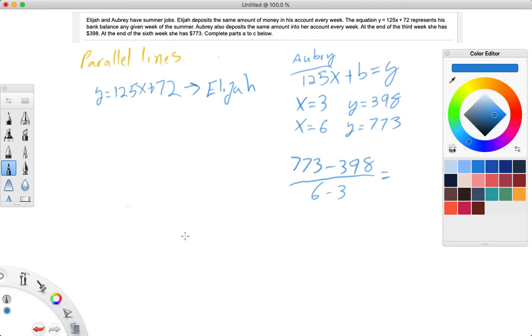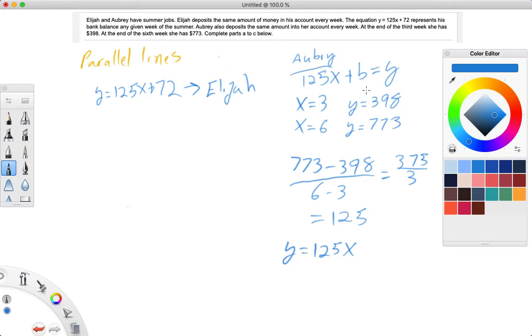It's 375 maybe? 375. Yep, 375 over 3. So this is 375 divided by 3, and sure enough, that equals 125. So we have y equals 125x.